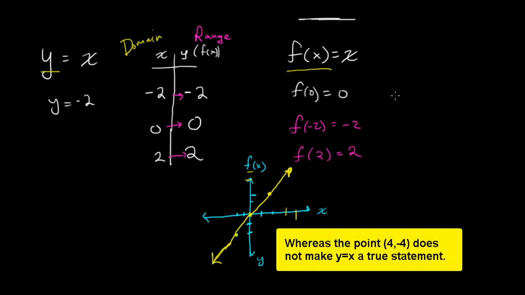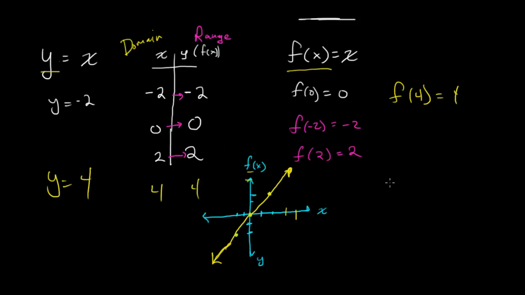And that would make my statement true because the f of 4 is 4, or when x is 4, then y is equal to 4, right? So a linear equation is one that is the line described by having a y and an x that are both in the first degree, neither of them has an exponent, or having a function in terms of x also in the first degree.